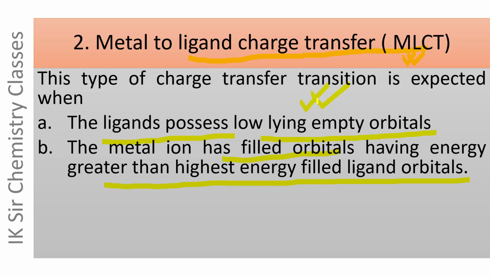There must be two conditions for metal to ligand charge transfer. The ligands should have low-lying empty orbitals which can accept the electron coming from metal, and at the same time the metal ion has filled orbitals, and these filled orbitals have energy greater than the highest filled ligand orbitals. Otherwise, ligand to ligand charge transfer will take place.